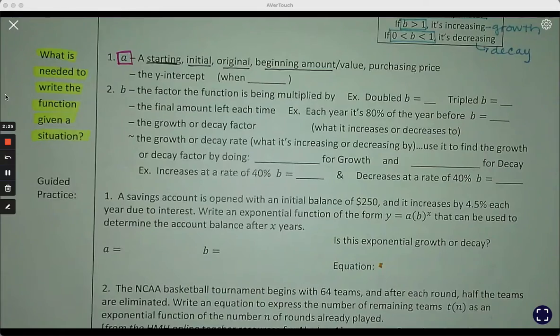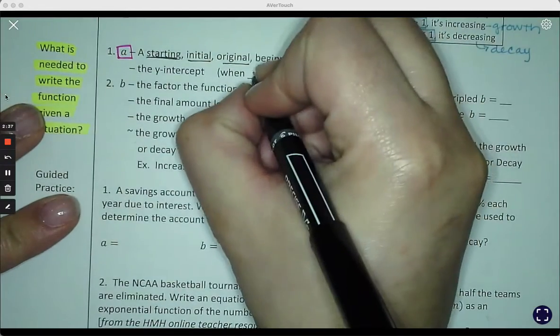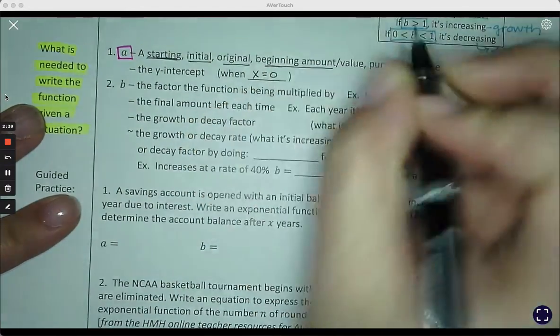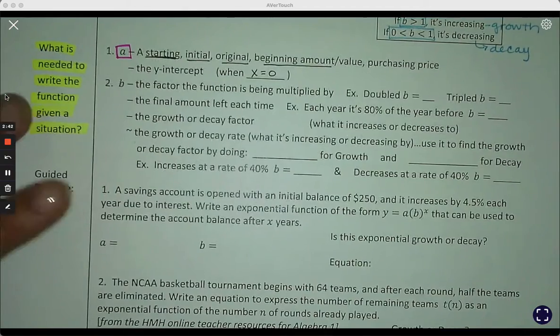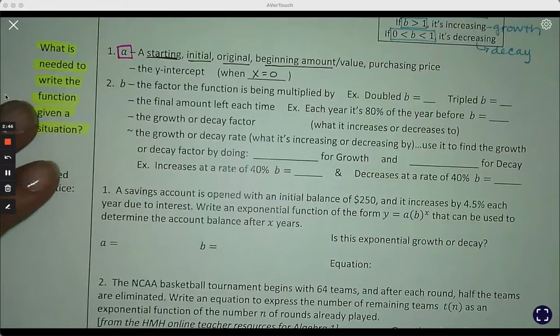These are all words that are used in story problems to help you figure out what a equals. So the y-intercept, which is when x equals 0. That's the first thing that we need to identify whenever we're writing these things.